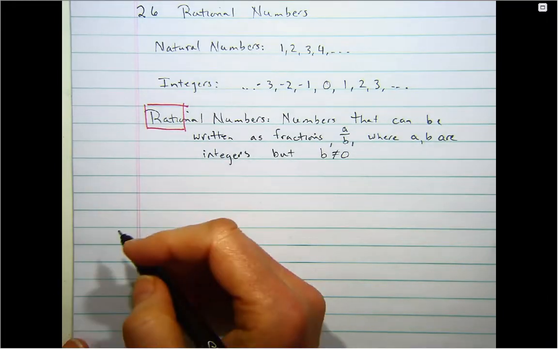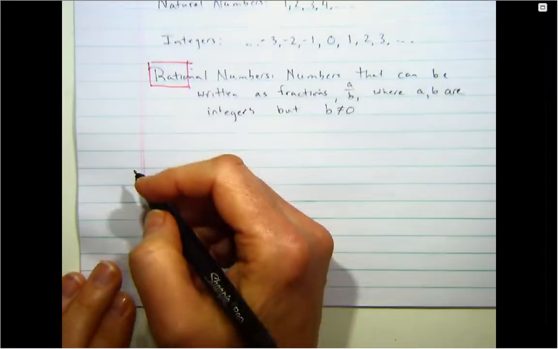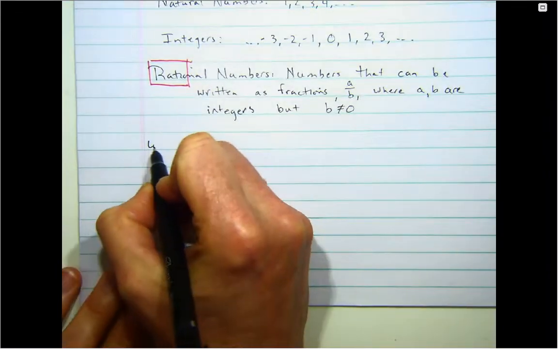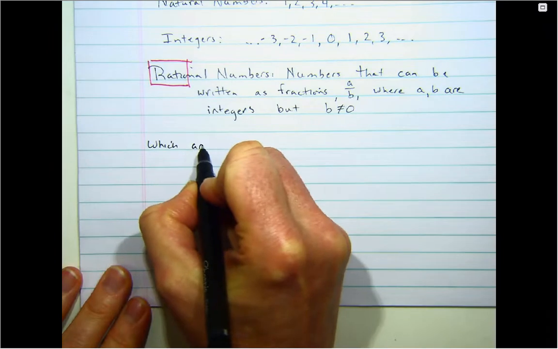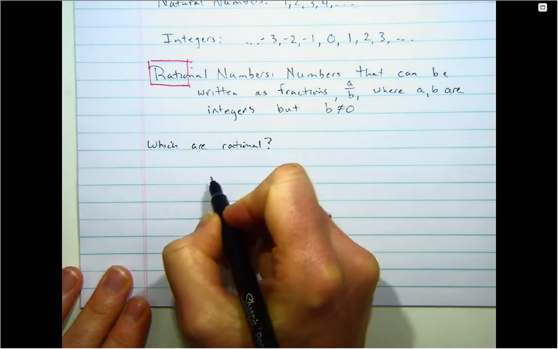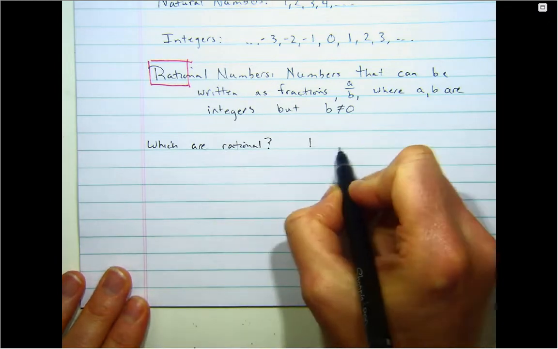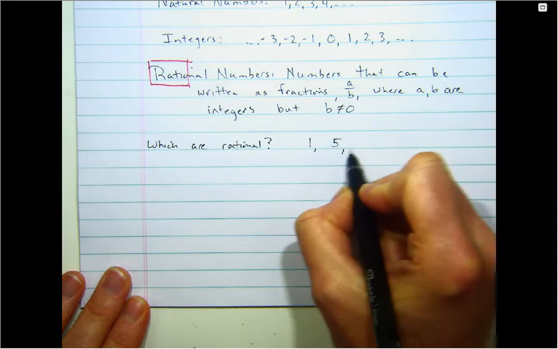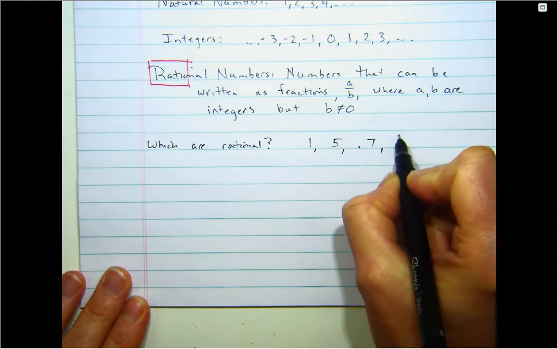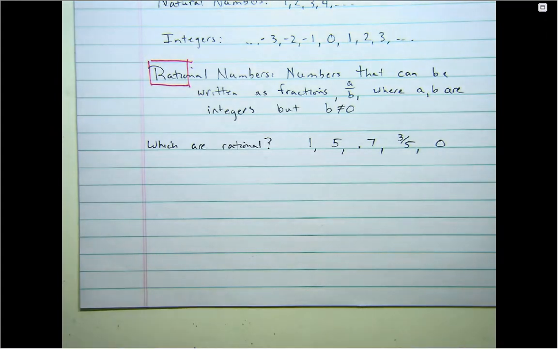So I'm going to put a list of numbers down, and you go ahead and circle which ones are rational. So we have 1, 5, 0.7, 3/5, and 0.